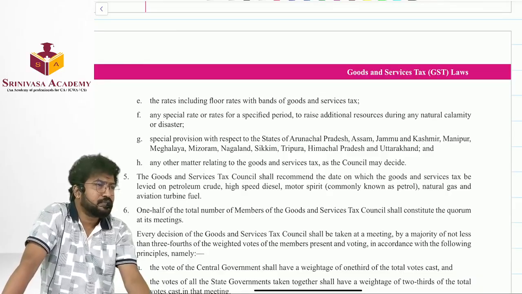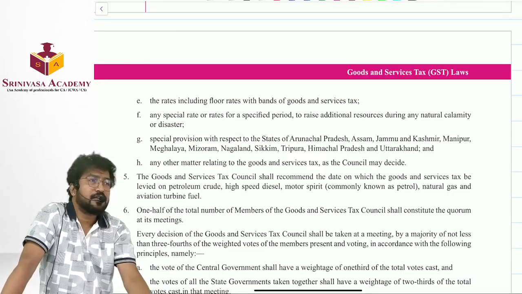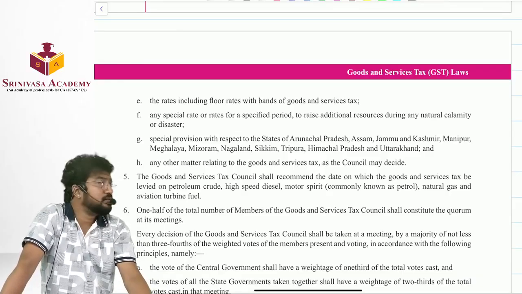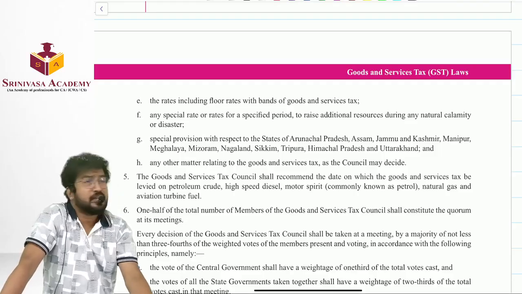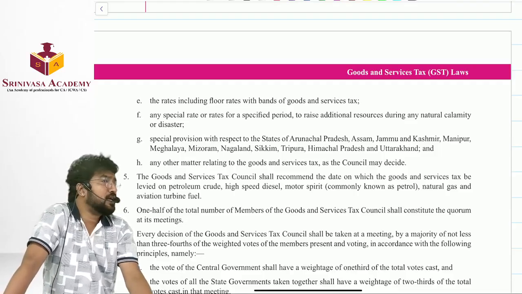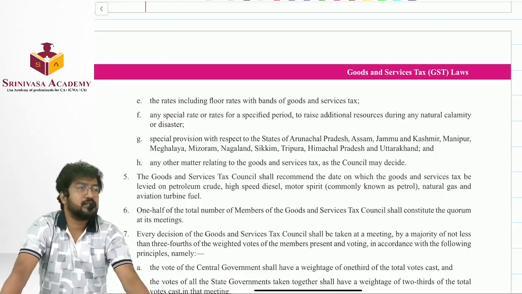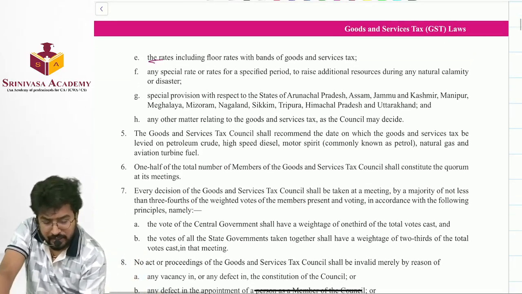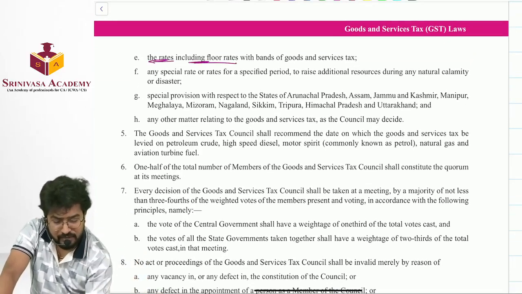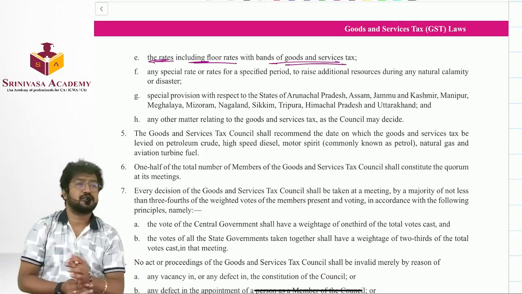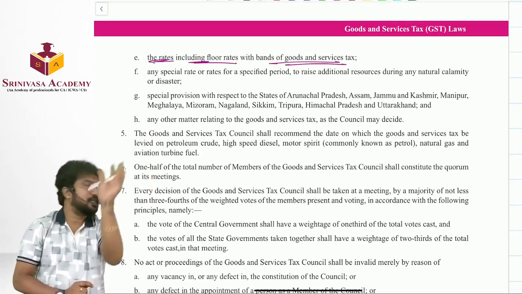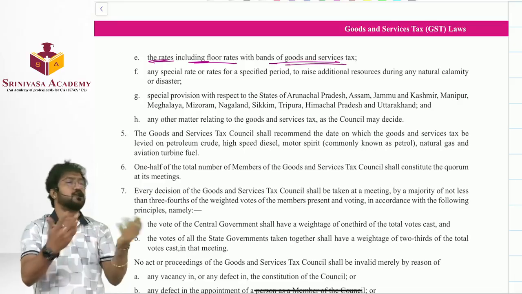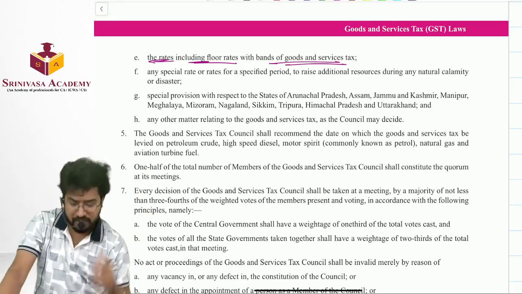Entry ticket for any recognized sporting event, music, dance, any theatrical performances, less than or equal to 500 is exempt. Like that, any limits they can decide. Next, the rates including floor rates with bands of goods and services. These goods, how much GST rate? These services, how much GST rate? Who can discuss? GST Council can make recommendation.